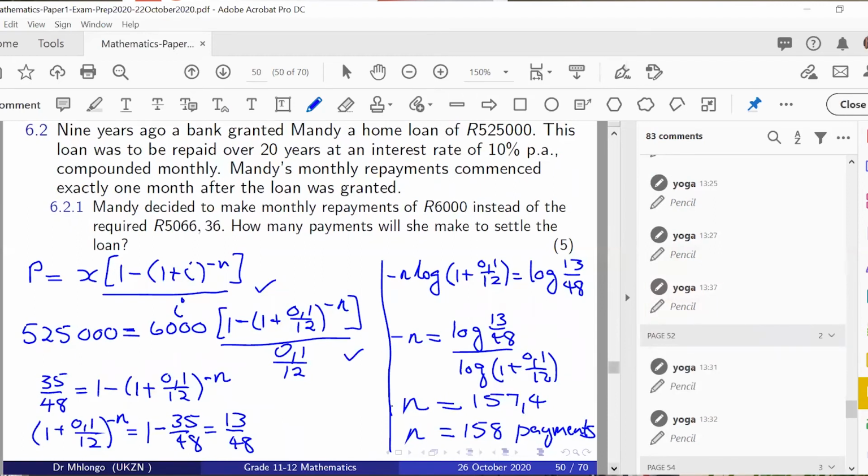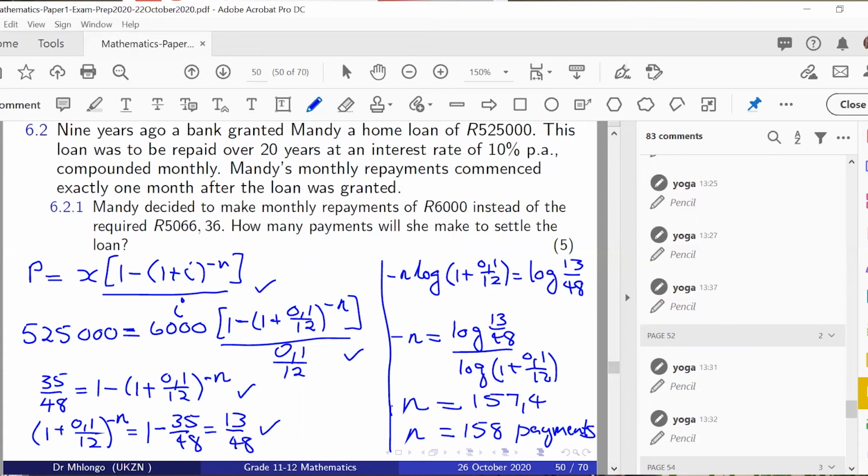and then we are going to substitute all the required values in this formula, which is what we have done here. And then we simplify, dividing on both sides by 6,000, followed by multiplication by 0.1 all over 12. And that is the equation we arrive at, which further simplifies into this equation.